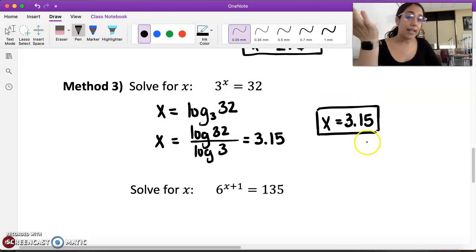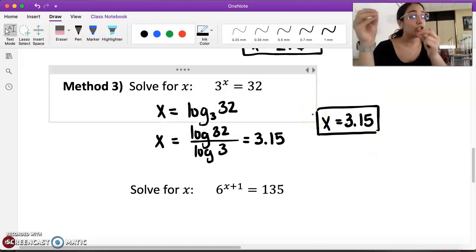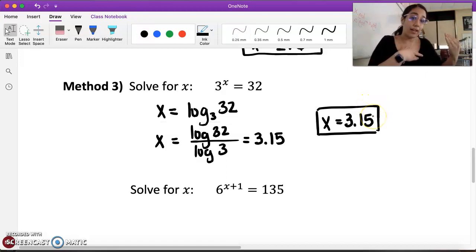So you can check it just to make sure your answer is right. But when you're talking about exponential equations, you are simply using logarithms versus actually having an exponential equation. It's like having a quadratic and using square roots to solve it versus having a square root function itself.